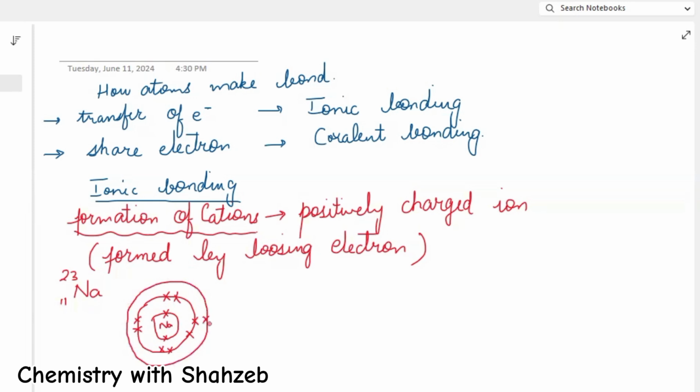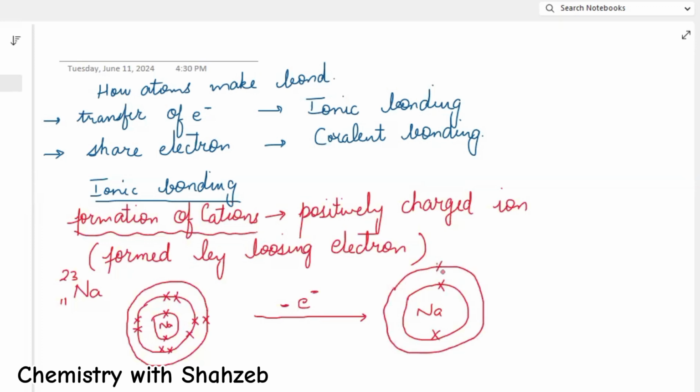Sodium has only 1 electron in its outermost shell, and it has to complete 8 electrons in its outermost shell.